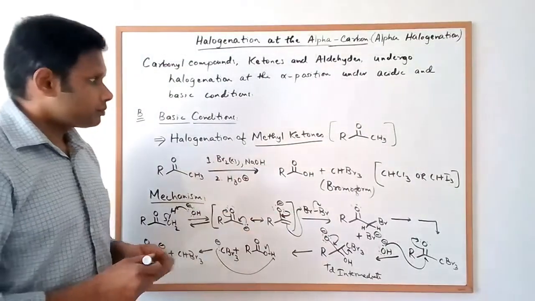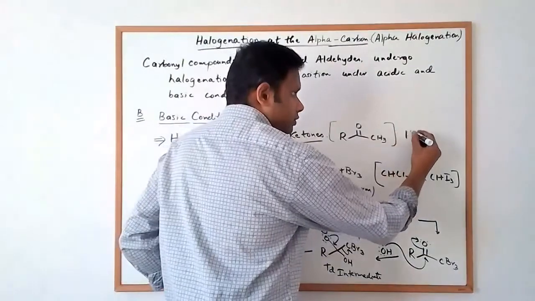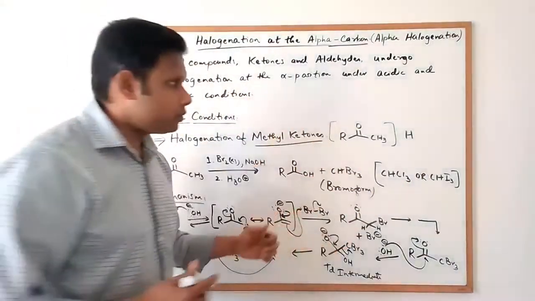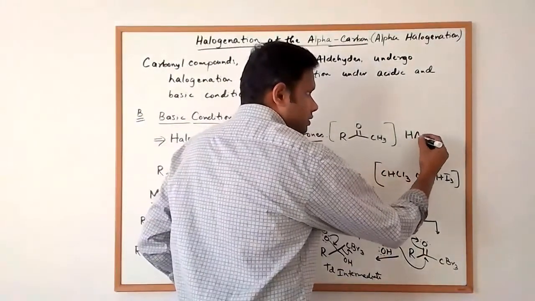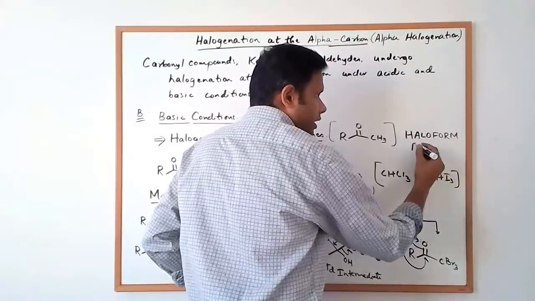Now, this reaction in general, because you make the bromoform or the chloroform or the iodoform, is called the haloform reaction.